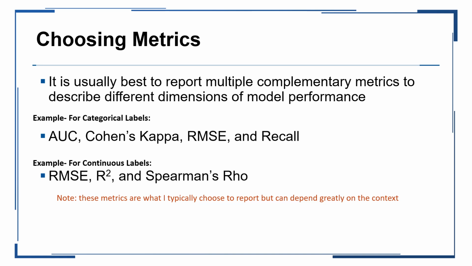AUC provides a measure of how well my model is able to discriminate between the given labels, while RMSE acts as a measure of confidence. The two together help me understand how skewed my rounding threshold may be, which is maybe further indicated by kappa.